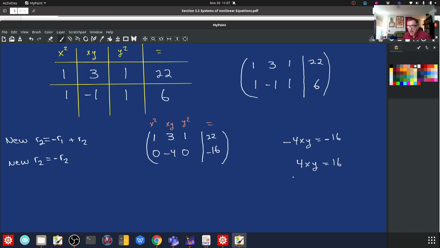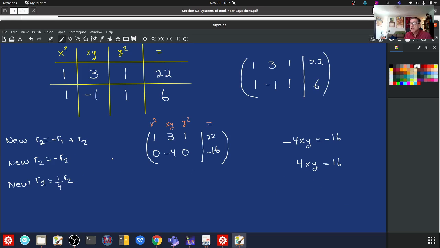Now I'm going to divide both sides by 16, which would correspond to another operation. My next newest R2 would be 1/4 times R2. I'm just dividing both sides by 4. And you don't have to do this over here.